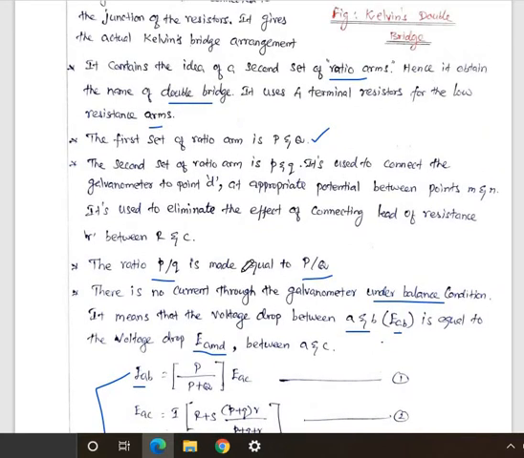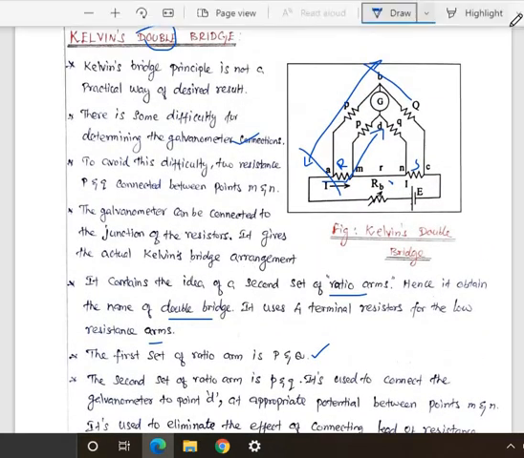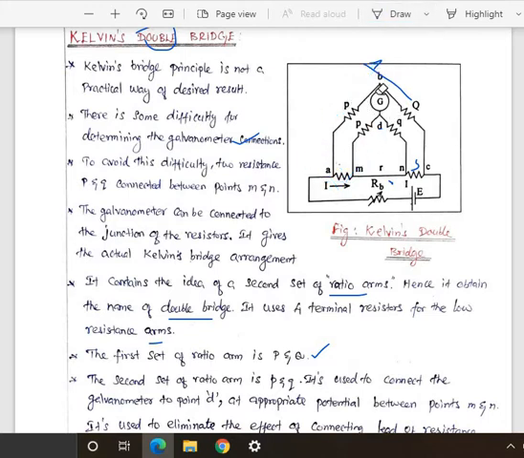Why it can be represented here: EAB is equivalent to EAC.